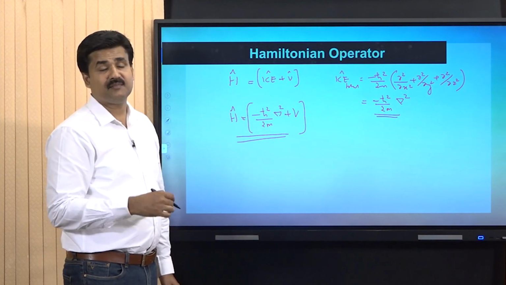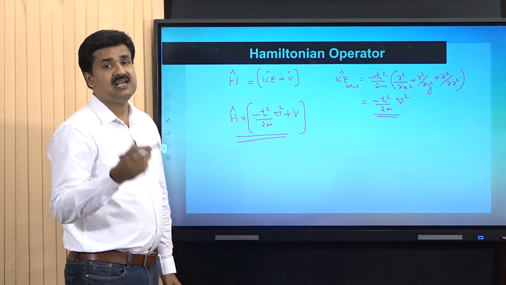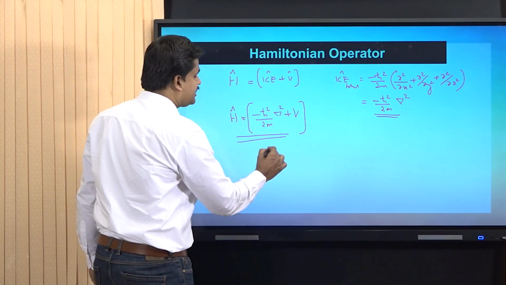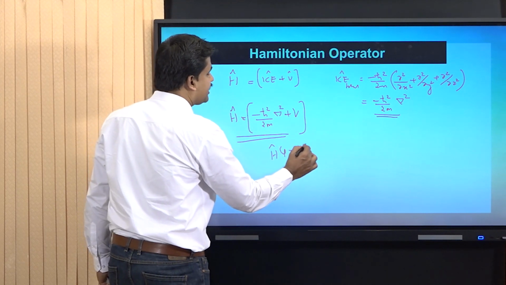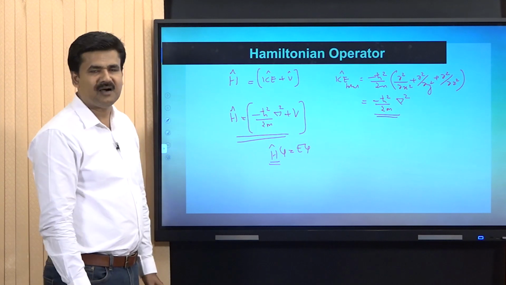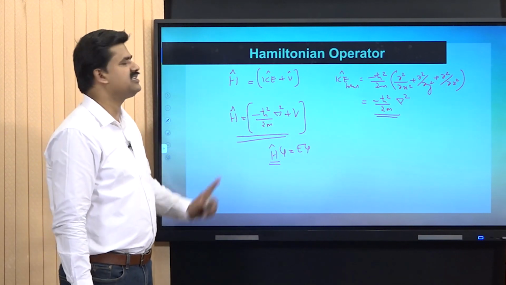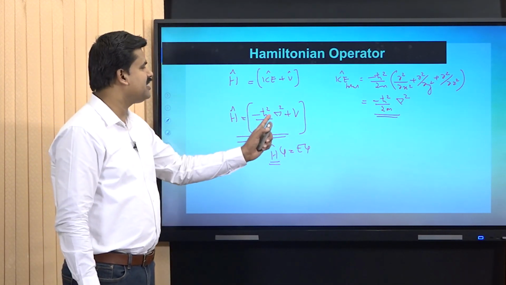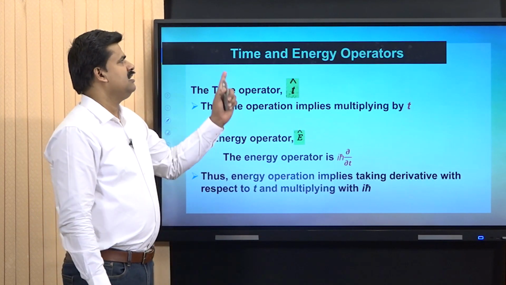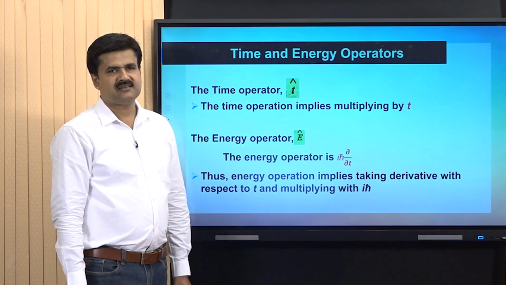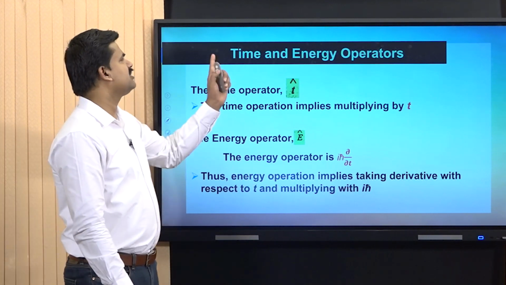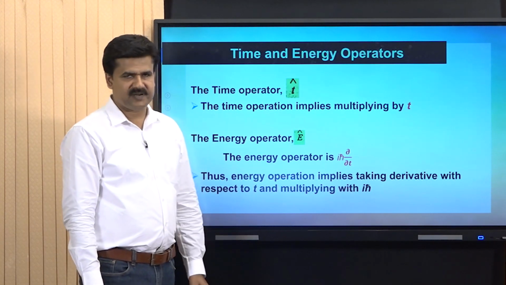We are familiarized about the Schrodinger wave equation, especially time independent Schrodinger wave equation, as H hat psi is equal to energy into psi. There H hat is called the Hamiltonian operator, or H hat is equal to minus ħ square by 2m del square plus V. Now, the two important operators which are very significant in quantum mechanics, they are the time and energy operators.